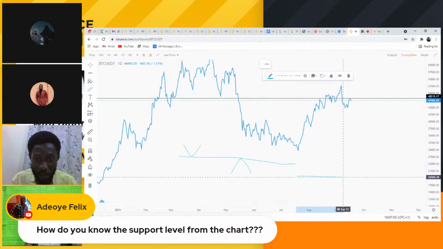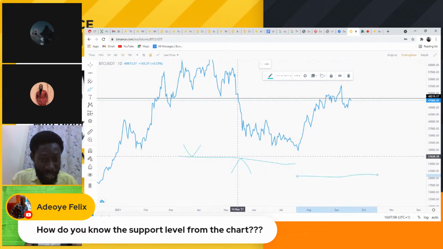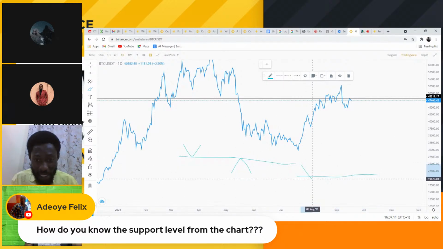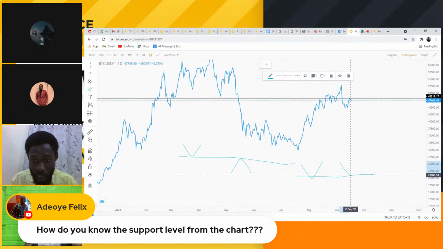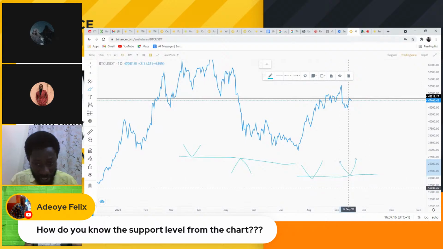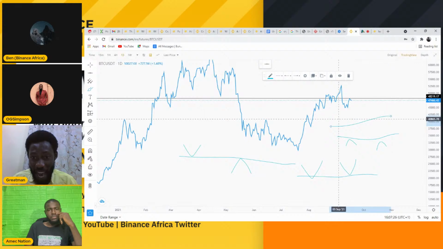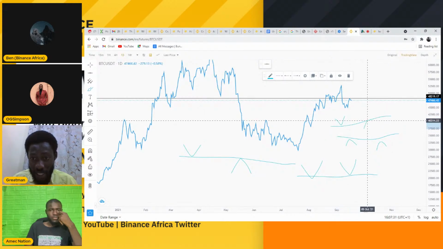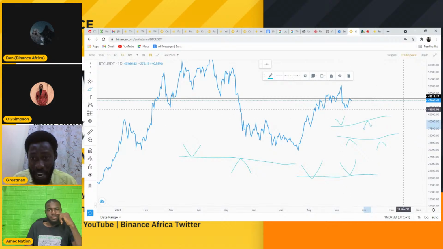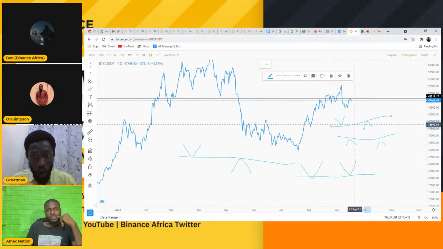If you have something like this, this is valid. If you have something like this only, this is not valid. Also, if you have something like this, this is just acting as a support, so this is not valid. Like I said, it must act as both a support and a resistance for this line to be taken as either a support or a resistance line.